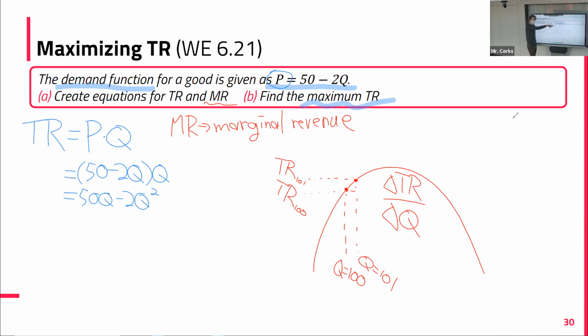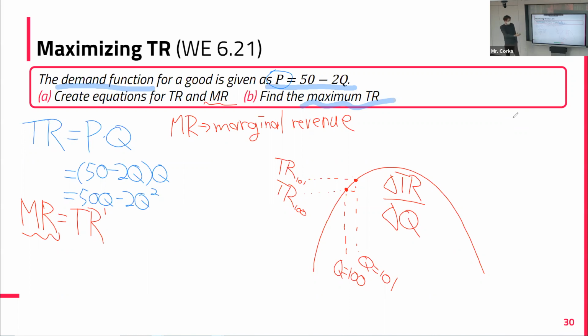Do we have a way of creating a function that tells us the slopes of some original function? Derivative. So the really key thing here: marginal revenue is equal to the derivative of the total revenue. Again, the practical definition of what a marginal whatever is perfectly matches our definition of what a derivative is.